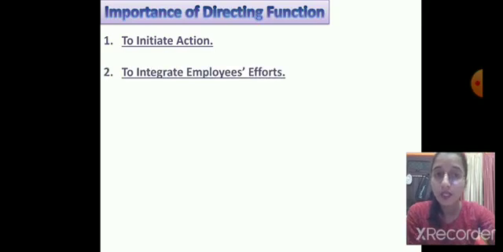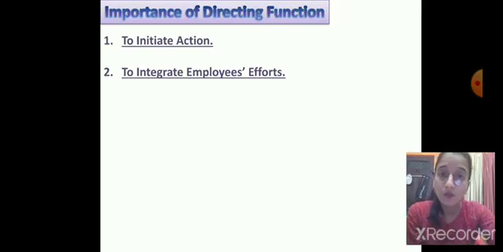Next is to integrate employees' efforts. See, as we know, in an organization, there are a number of employees working at different levels. So these employees are somehow interrelated to each other because they are considered as a part of organization and they are working towards the same organizational goal.